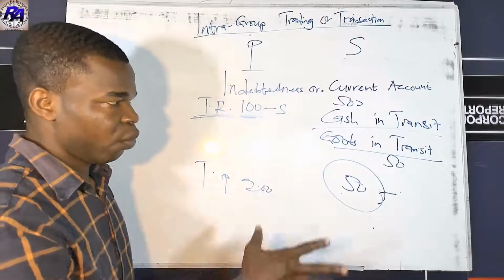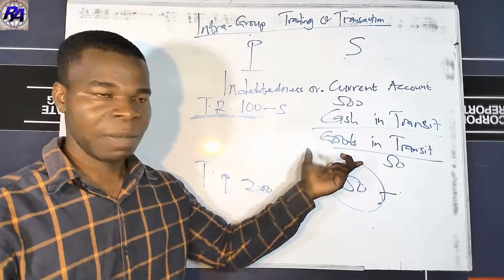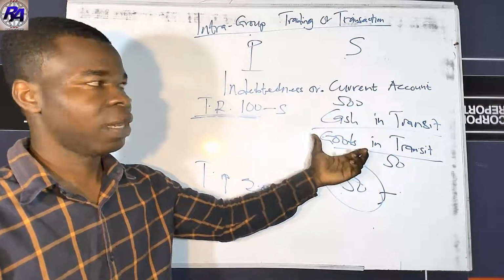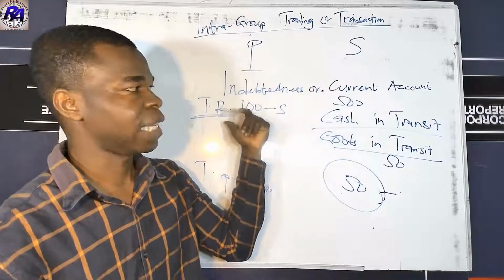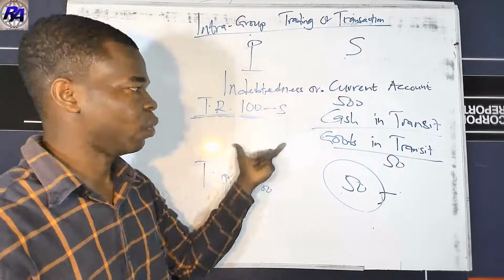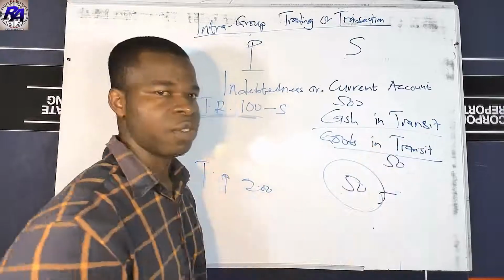The same thing applies to inventories. Probably P may have transferred some inventory to X, but it might not have gotten to X on the date on which they are preparing the account, and this gives rise to goods or inventories in transit.